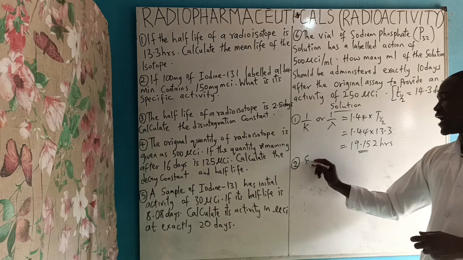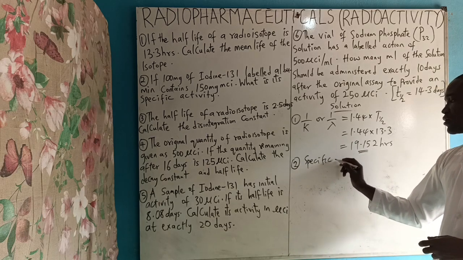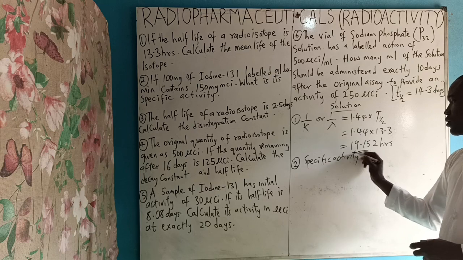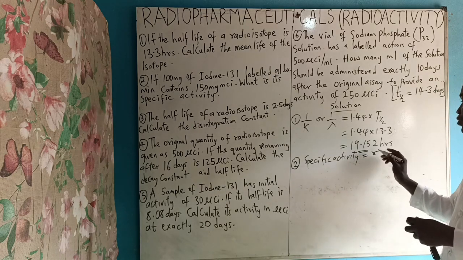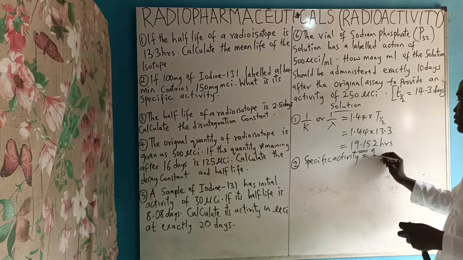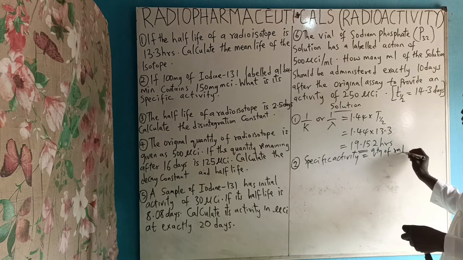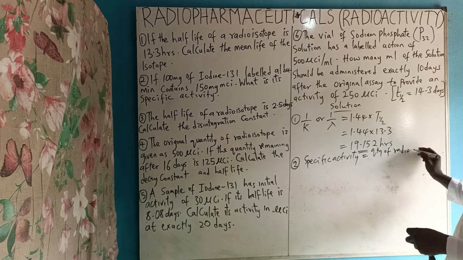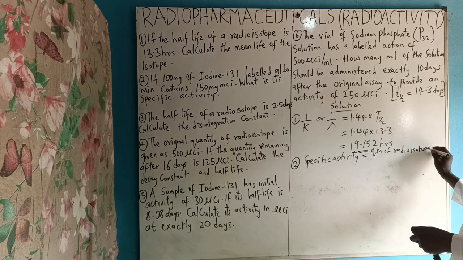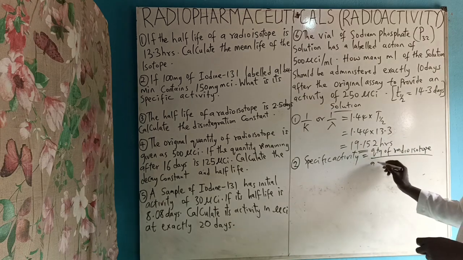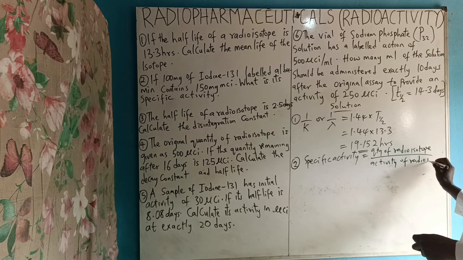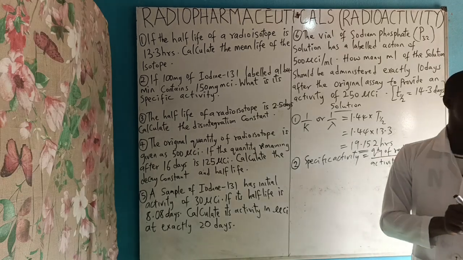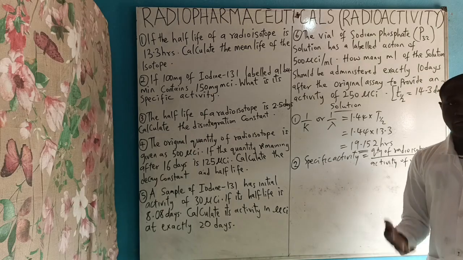We said that specific activity is the quantity of radioisotope all over the activity of the radioisotope.